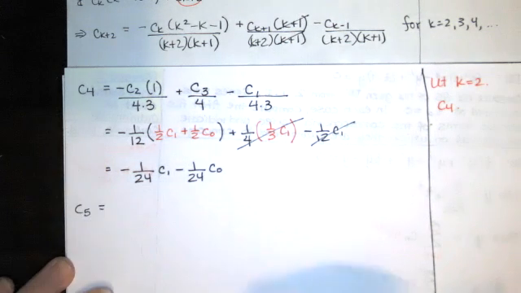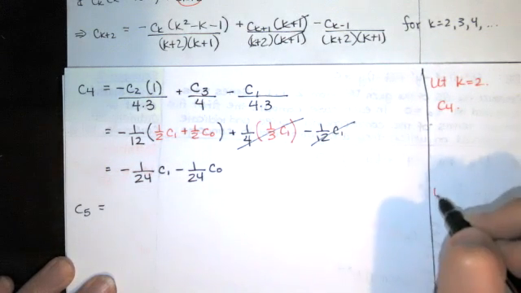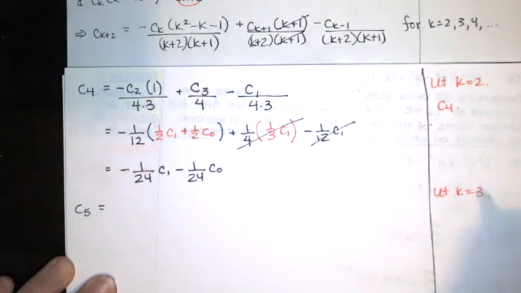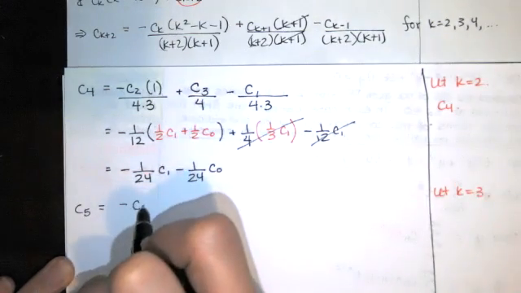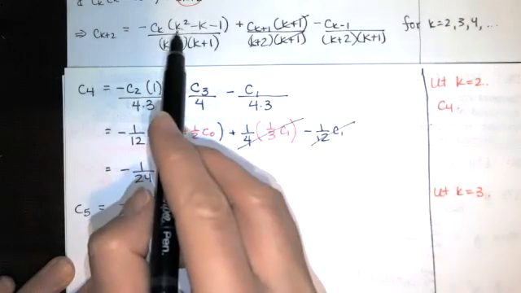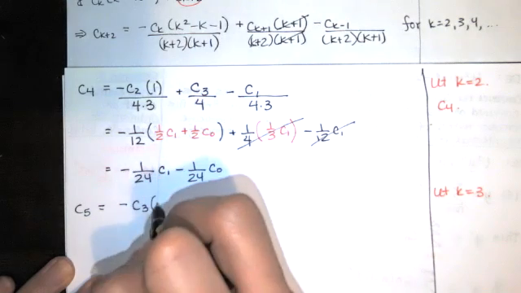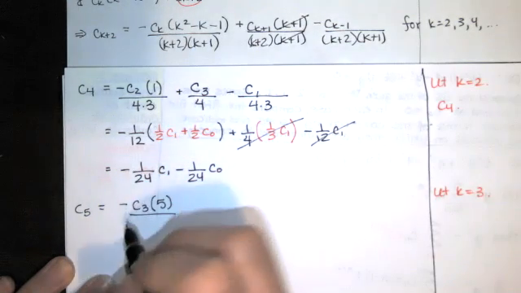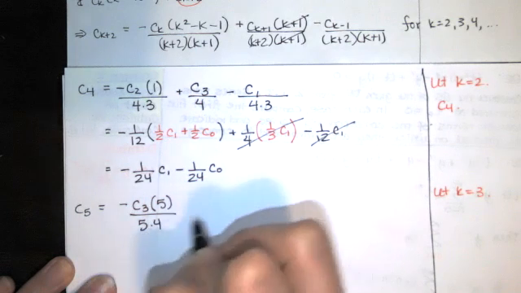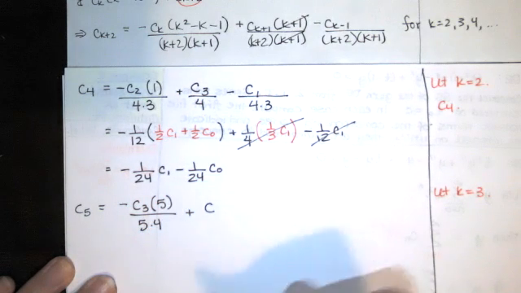Now let's evaluate at k equals 3. Again, we're substituting right here. So I have minus c sub 3, 3 squared minus 3, that's 9 minus 3 is 6, 6 minus 1 is 5, over 5 times 4, plus c sub k plus 1.